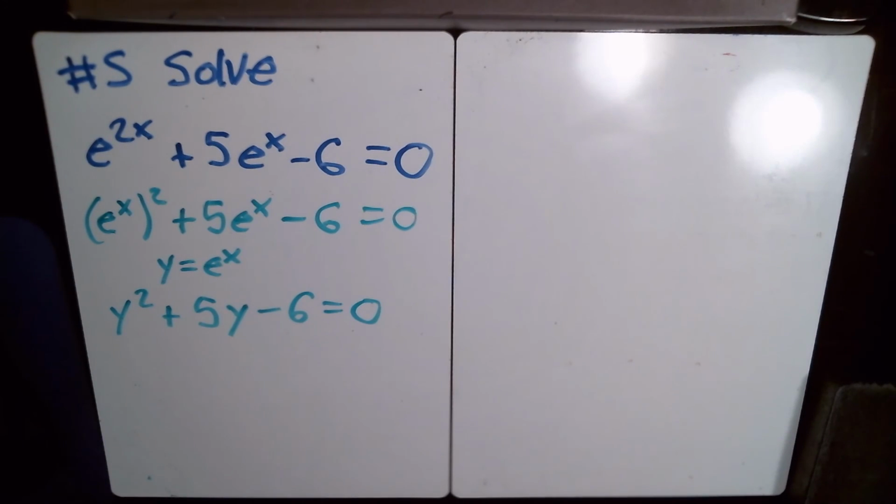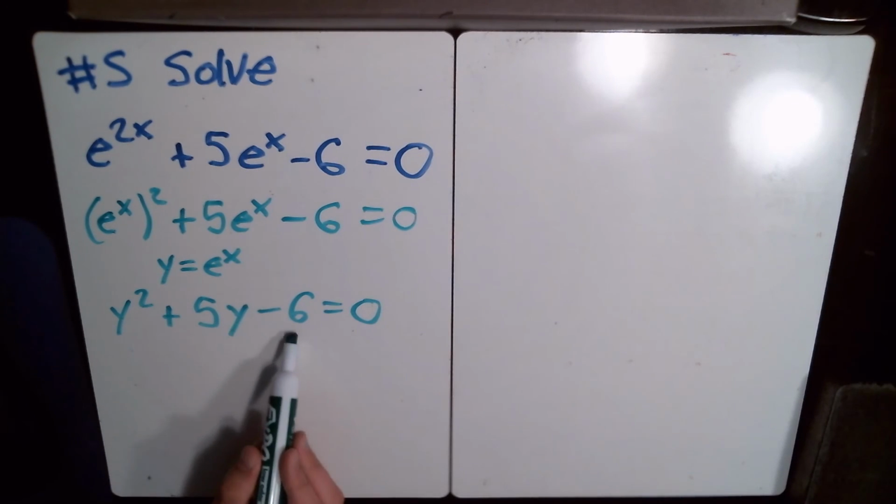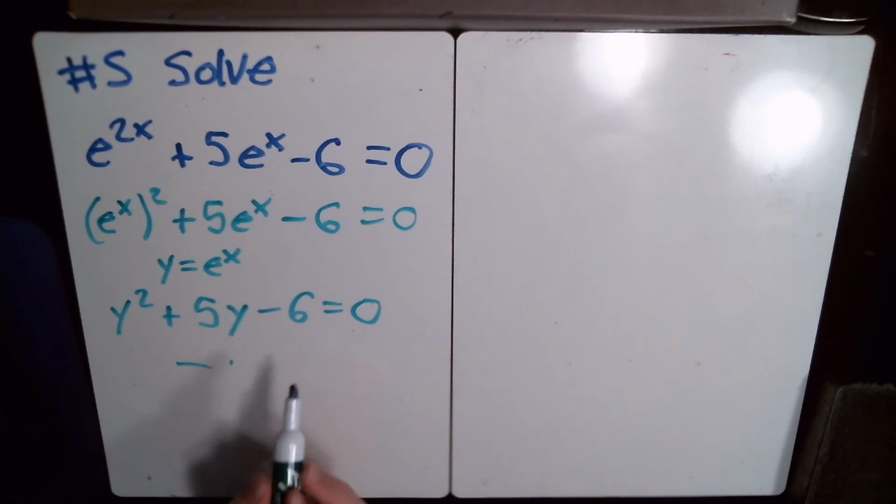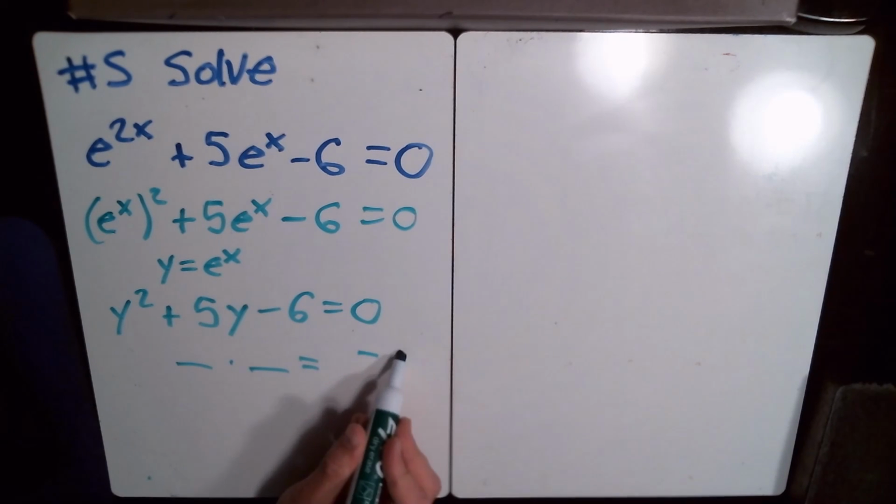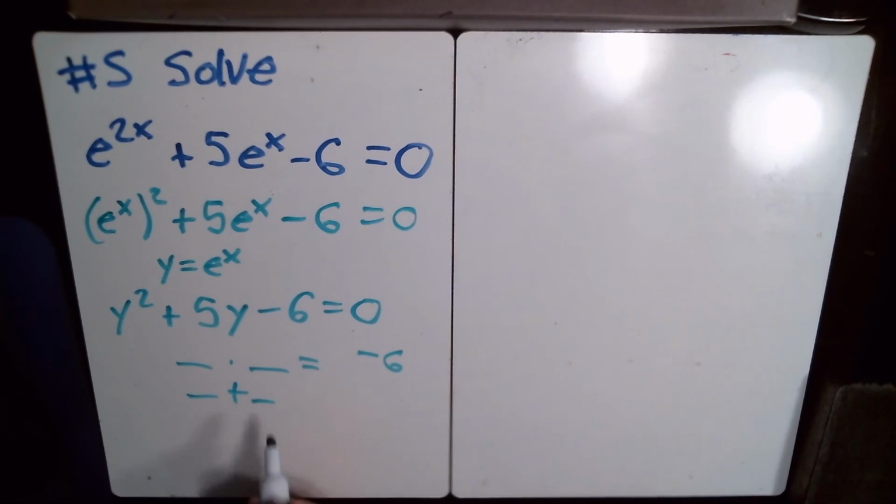Okay? And now I know how to deal with this equation that I have, right? This is just a quadratic equation that I can factor and then set each of the factors equal to 0. Okay, so to factor this, we would look for things that multiply to negative 6 and add to positive 5.